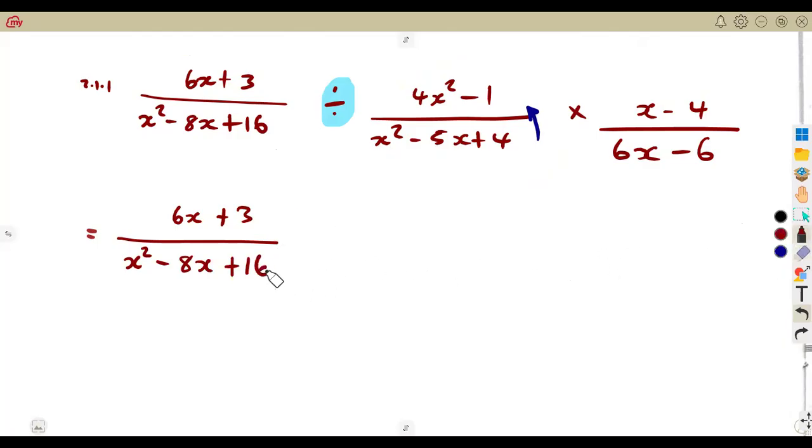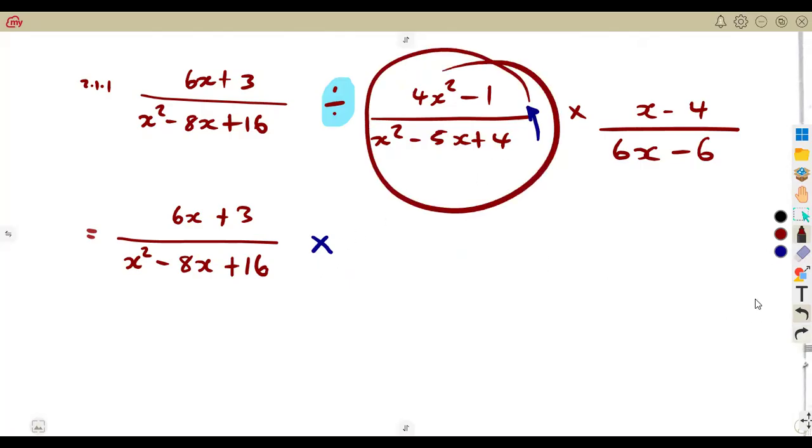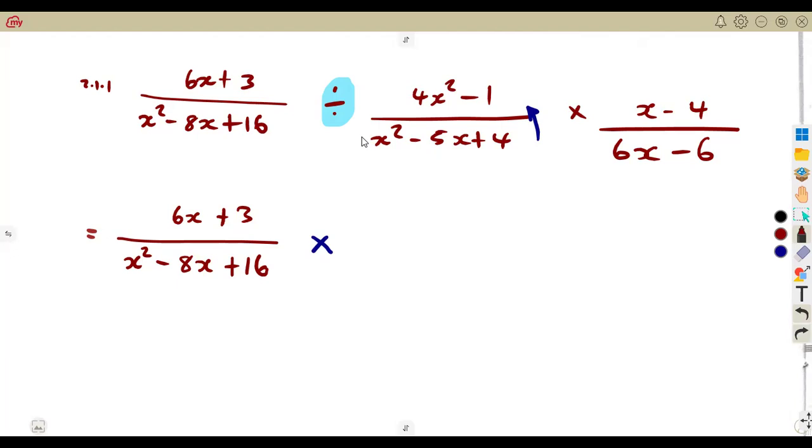Like I said, we are going to introduce a multiplication. It was not part of our question. So the moment you introduce it, the second fraction, you have to interchange it. You're going to take the denominator to be on the numerator now, so it's going to be x squared minus 5x plus 4, and the numerator to the denominator, so it's going to be over 4x squared minus 1.